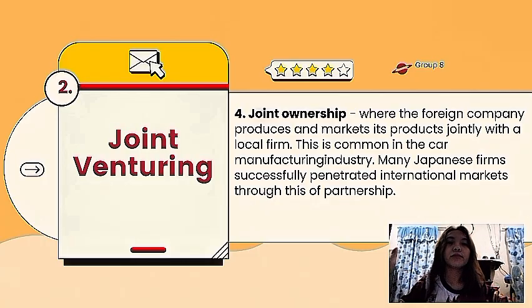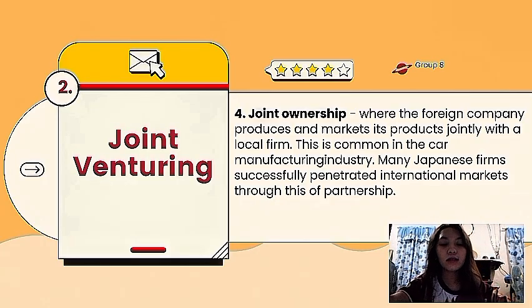For example, many Japanese car brands like Toyota successfully entered foreign markets by forming partnerships with local manufacturers, sharing cost, technology, and expertise. While joint venturing involves partnership, some companies go even further by directly investing in foreign markets. Let's explore what that means.